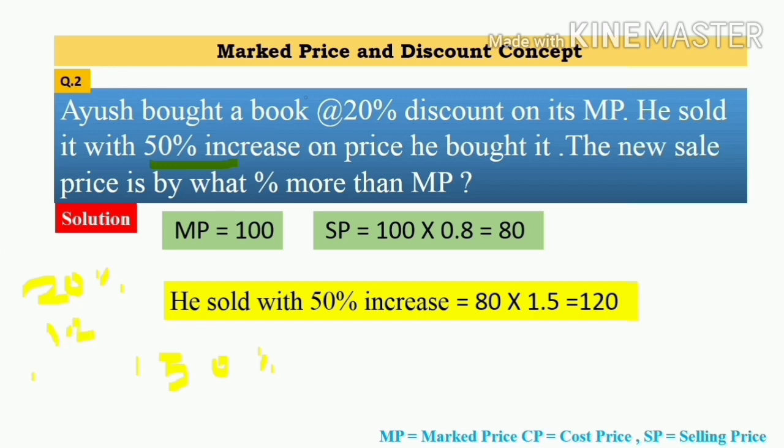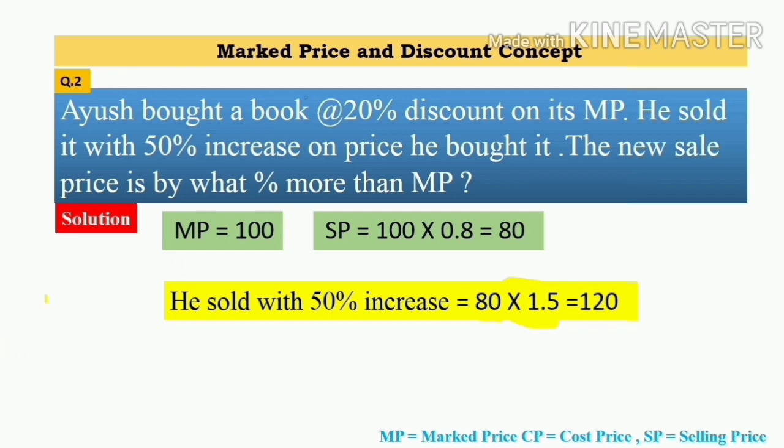Whenever 2% increase is given, we will write it as 1.02. So please do pay attention. He sold it with 50% increase, that's why I have multiplied it with 1.5. It is the factor. Now after increasing by 50% we get the value of SP, that is 120.